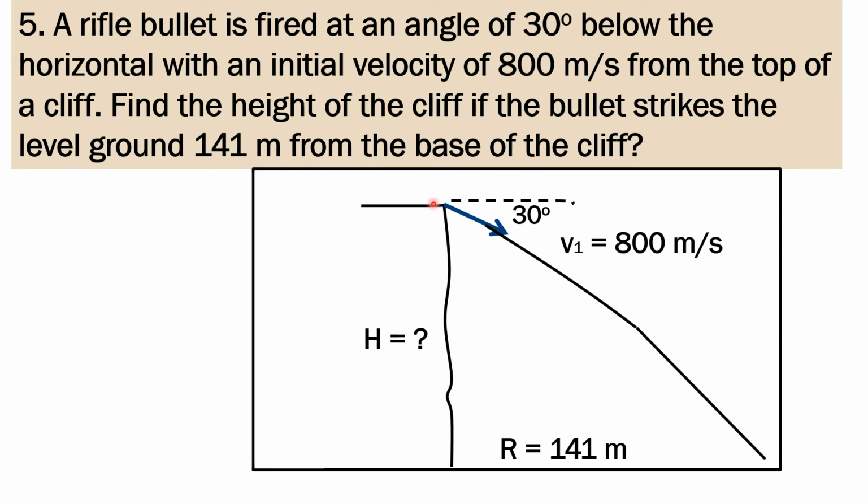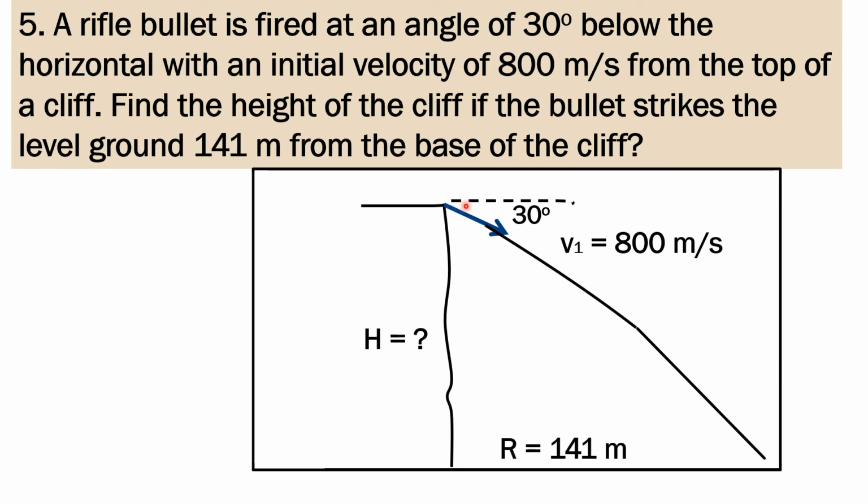Supposing this is the top of the cliff, and a gun or rifle is aimed in this direction, making an angle of 30 degrees below the horizontal, the top of the cliff.